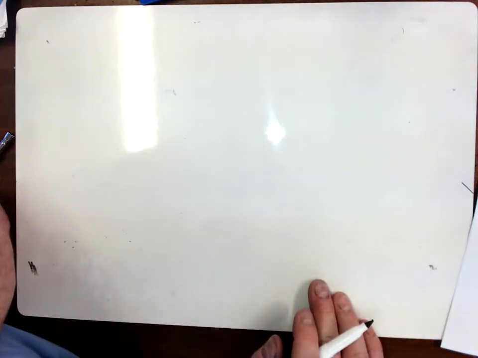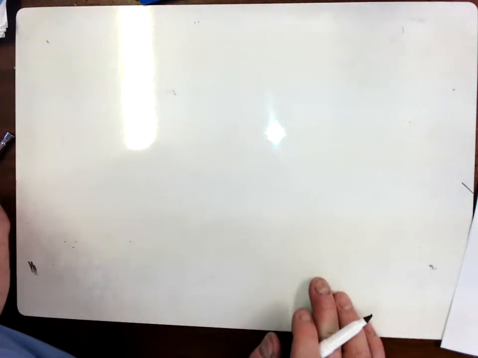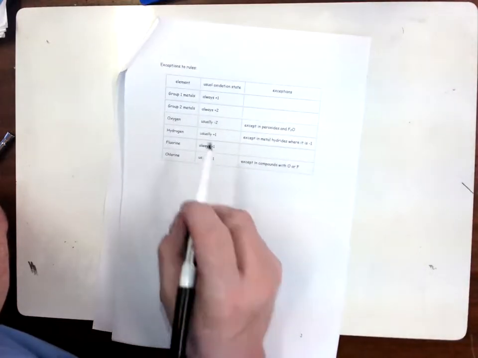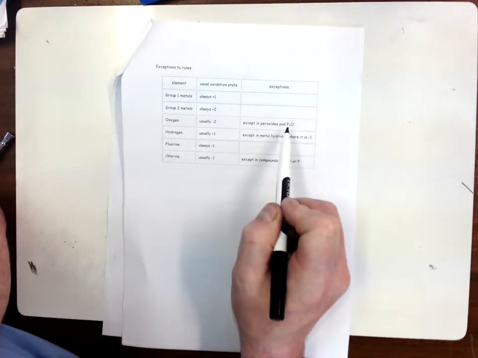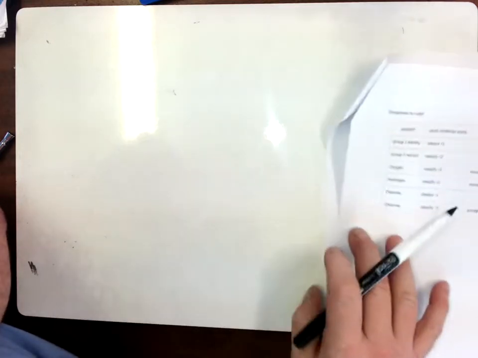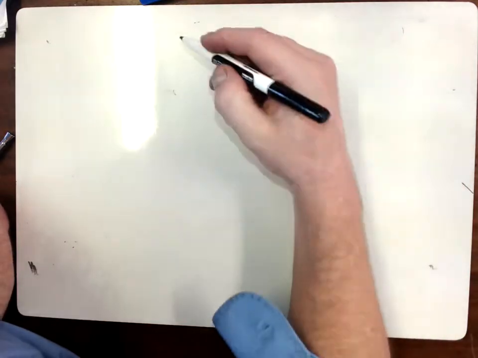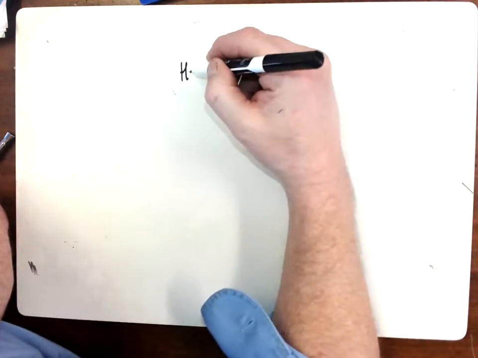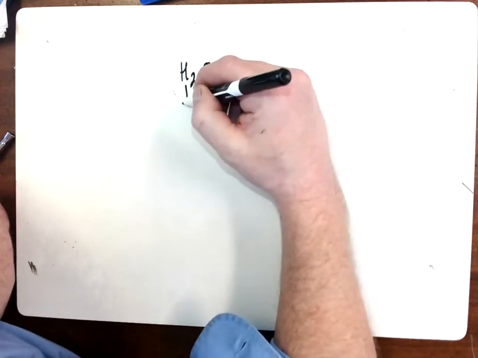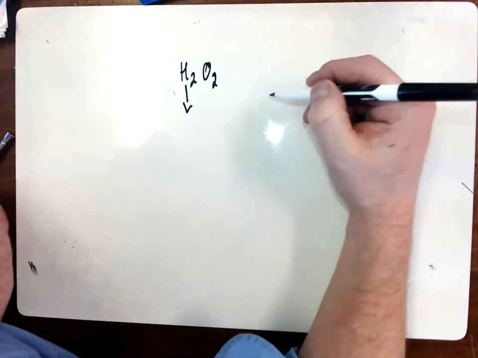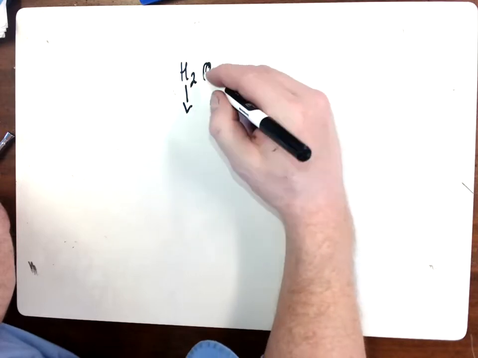Okay, this time we have oxygen. We've already looked at the exception for oxygen in terms of fluorine, where in F2O it becomes +2, as we said earlier, but also in peroxides. So we might have something like H2O2, where oxygen is now in a peroxide, in hydrogen peroxide.